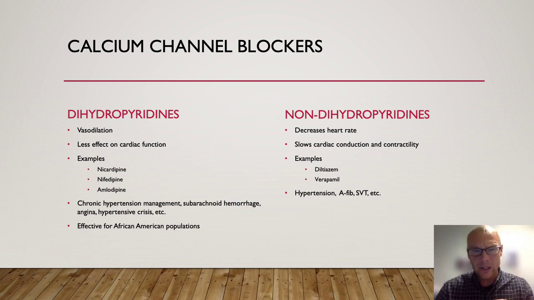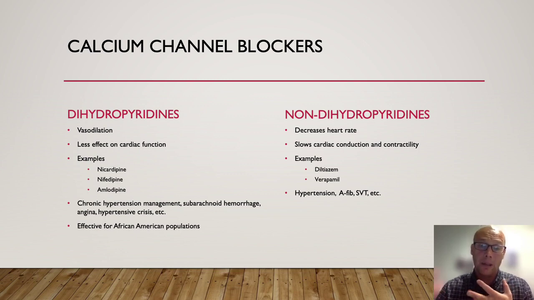The nons, they work kind of like beta blockers, so they'll decrease the heart rate. They slow the conduction. Examples of those are Cardizem, so diltiazem, and verapamil. You don't see verapamil used too much outside of the hospital. They're good for hypertension, but they're also especially good for patients that have underlying cardiac arrhythmias like atrial fibrillation or supraventricular tachycardia.